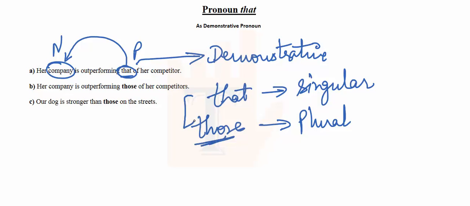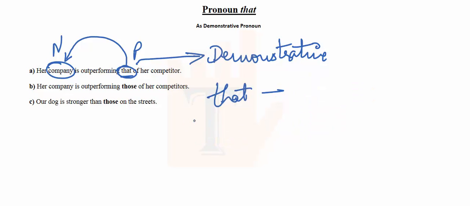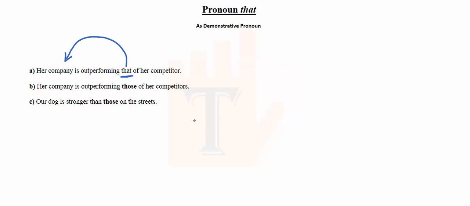Fine. In this particular example, her company is outperforming that of her competitors, you can replace that with the company itself. So it means her company is outperforming the company of her competitor.